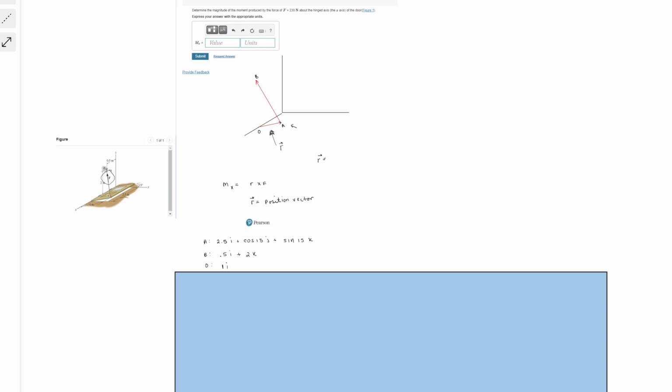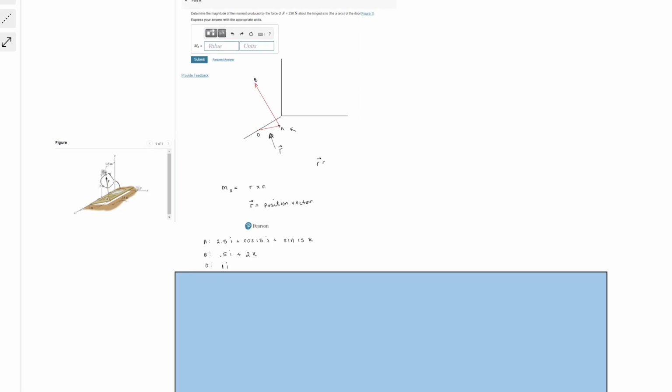We don't really have to put the 1. And then to find the k, which is in this case the z-axis, it would be sine of 15, because you would need to find this angle, and since it's the opposite of 15, it would be sine of 15. Hope that makes sense. Sine of 15.